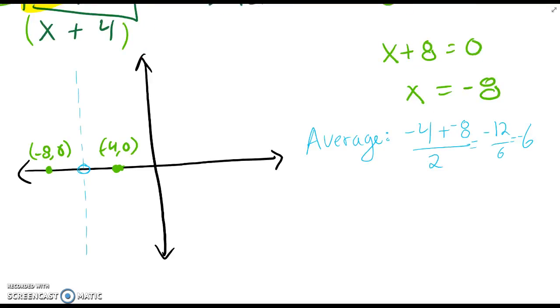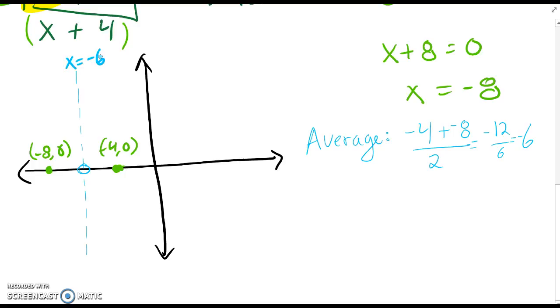One way to do it is to take the average, and when we take the average of those two values, we divide by 2 since we added 2 points, and we get -6. So on our graph, we can go back in and fill this in. The line of symmetry here is x equals -6.